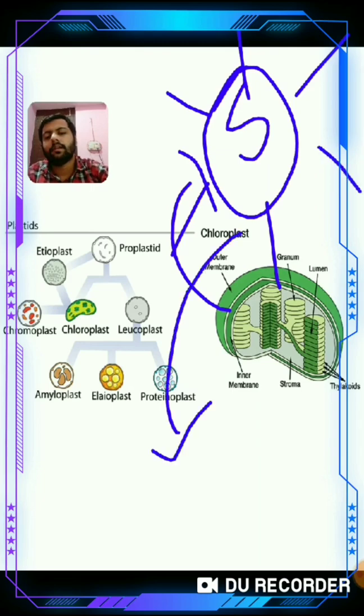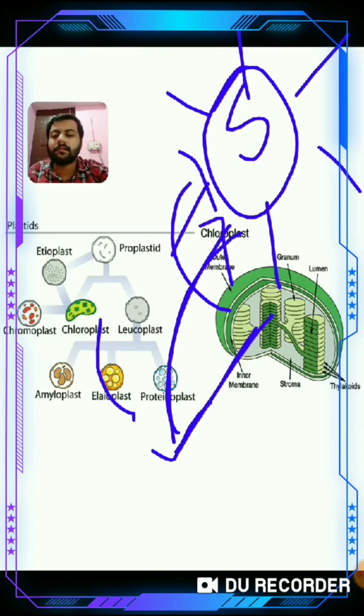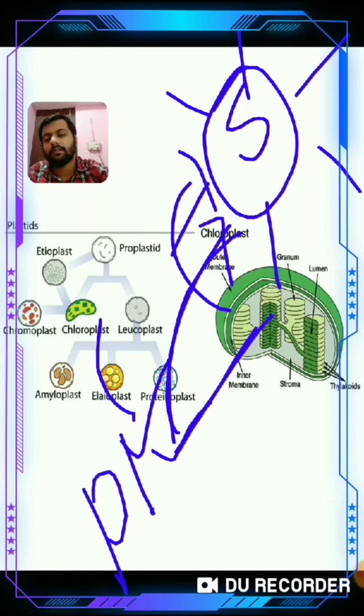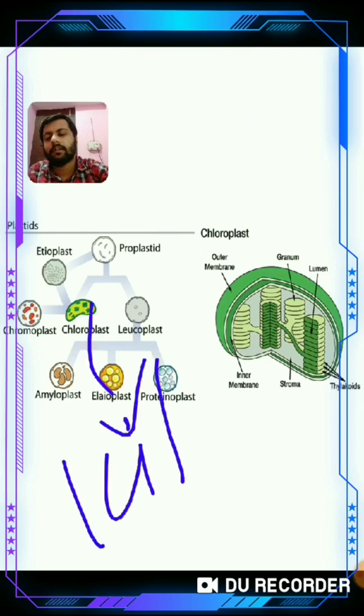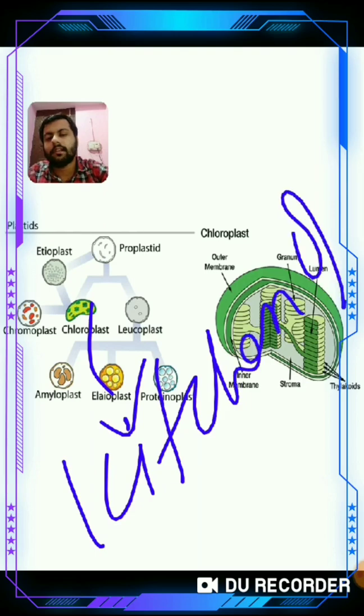It helps in photosynthesis, the food making process. That's why the green color plastid, chloroplast, is known as the kitchen of the cell.